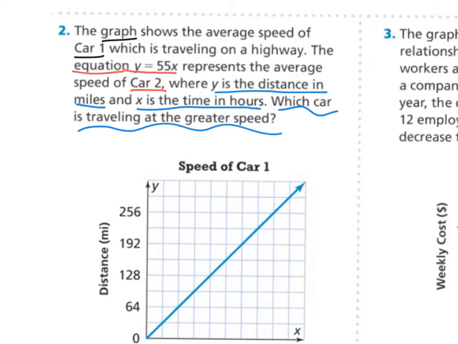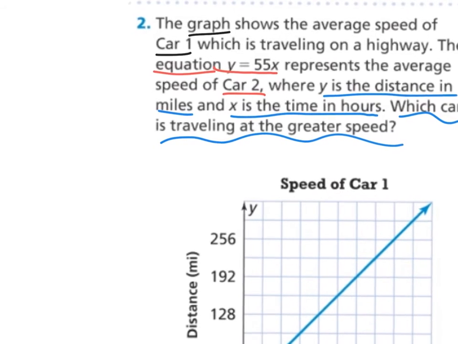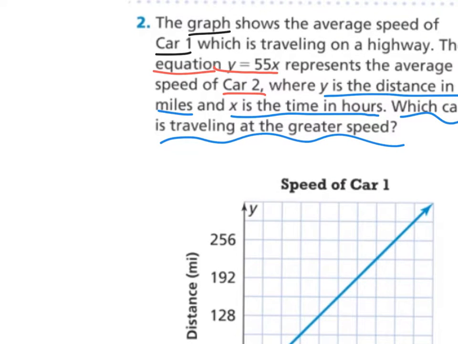I'm going to start with the easy one, which is the equation. So car 2 is the equation. That one is pretty much a gimme if we know what we're looking for. So from the equation, it's proportional. All we're doing is looking for that coefficient of x, the number next to the x. So that tells us that's going 55 miles per hour.